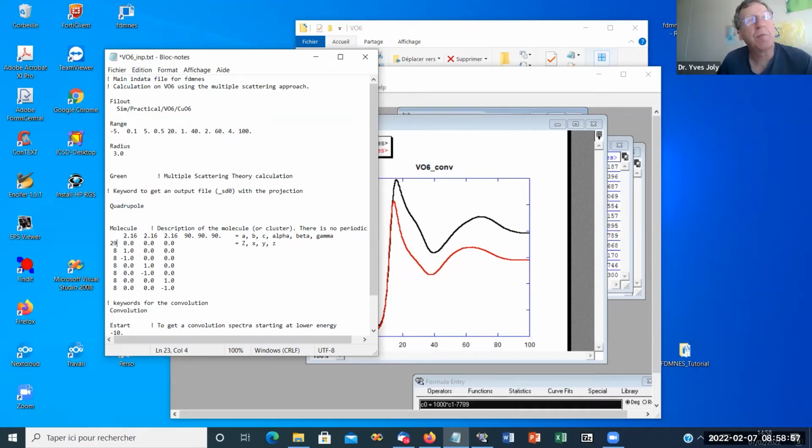And copper likes to be a Jahn-Teller material, giving one long bond and two short. I don't remember exactly what the values are.